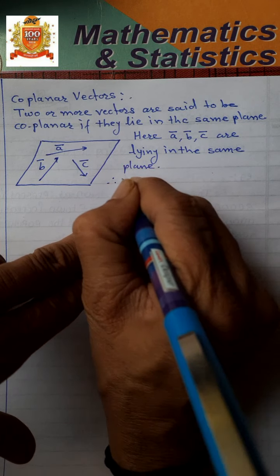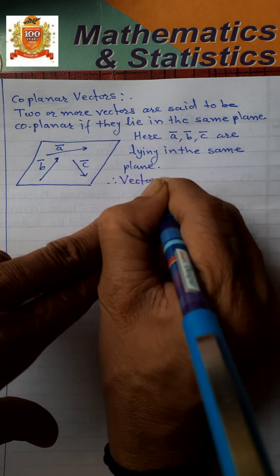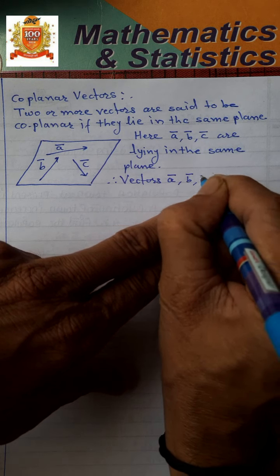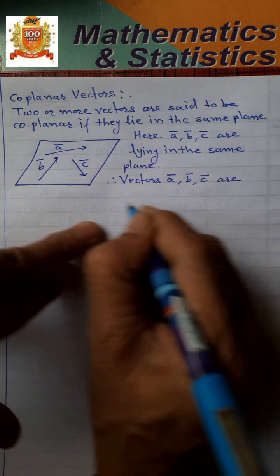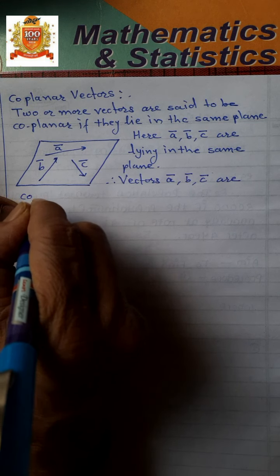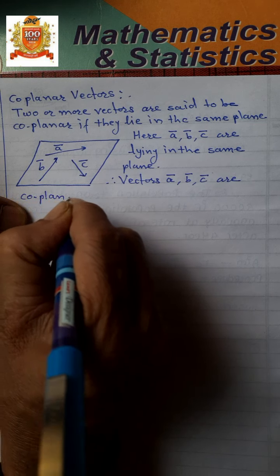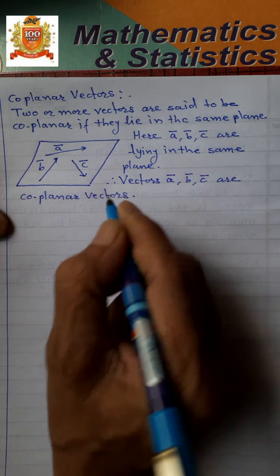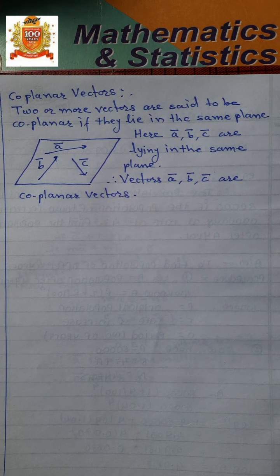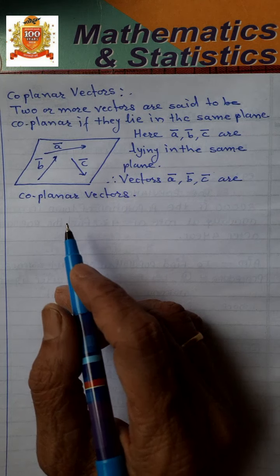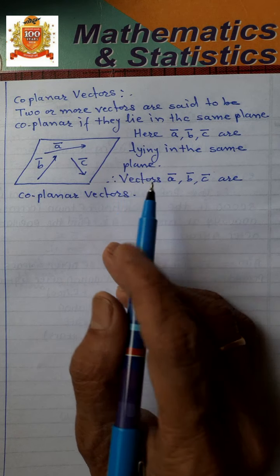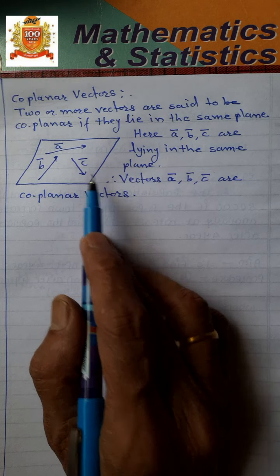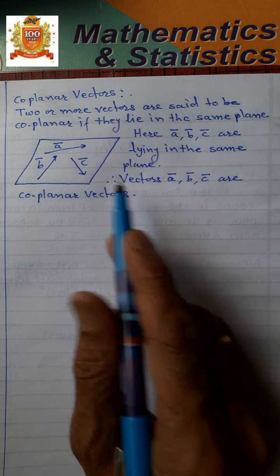Therefore, vectors a bar, b bar, c bar are coplanar vectors, isn't it? Just keep in mind that two or more vectors are said to be coplanar if they lie in the same plane. That is the only definition of coplanar vectors.